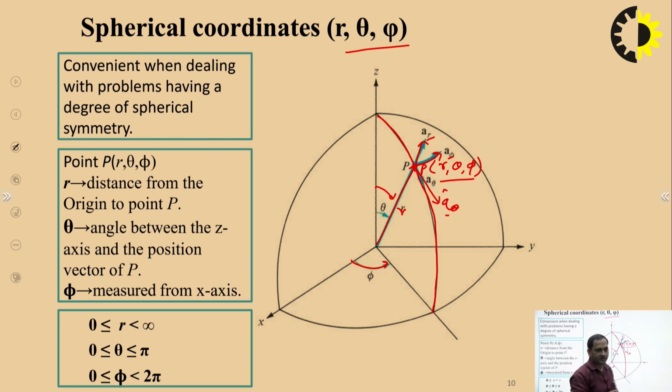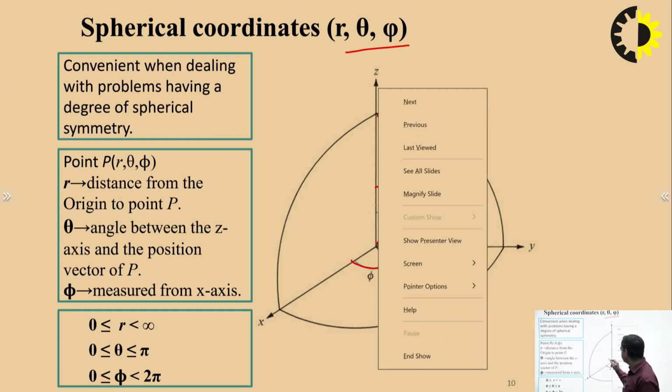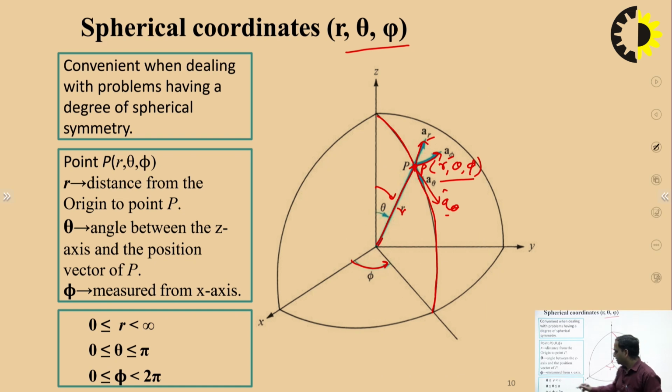Okay. Fine. So what is the range of these variables r, theta, phi? The range of r is from 0 to infinity. Theta, this angle will be from this point to a maximum of this point. So this angle is 0 to pi. Phi is measured from the x-axis.